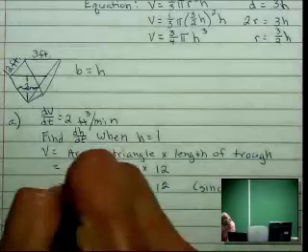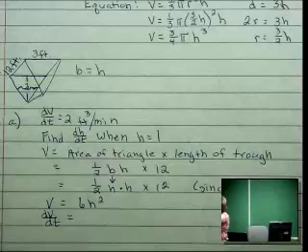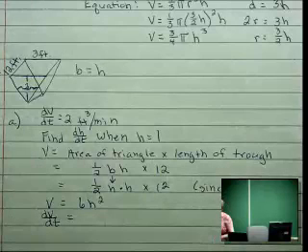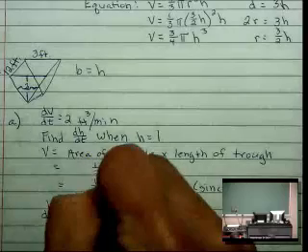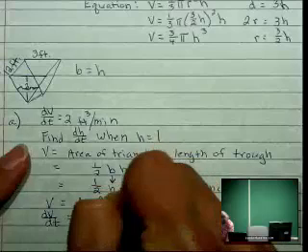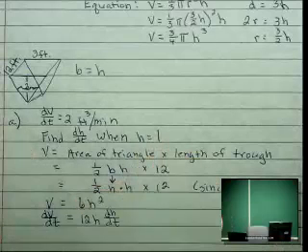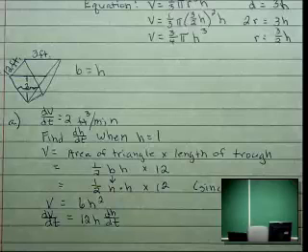What's the derivative of the right-hand side? 12H times dH over dt. Why would we have an R? We didn't have an R in the original equation.